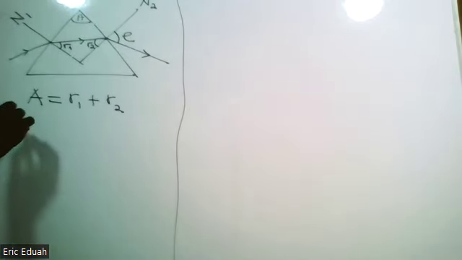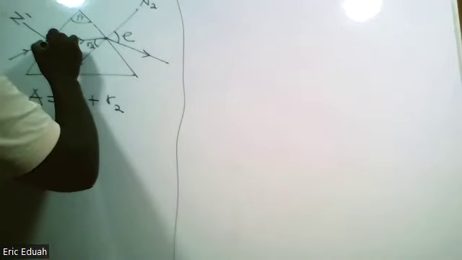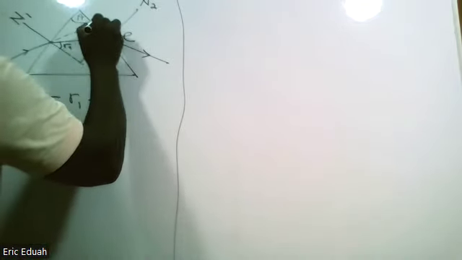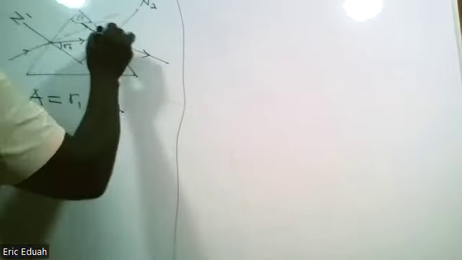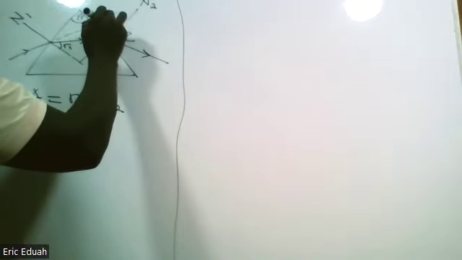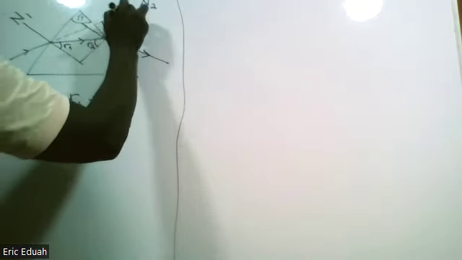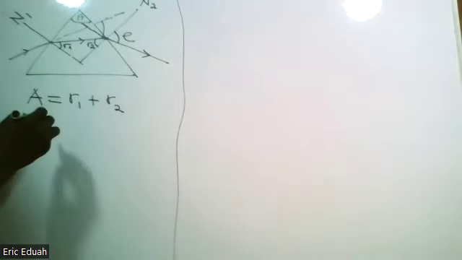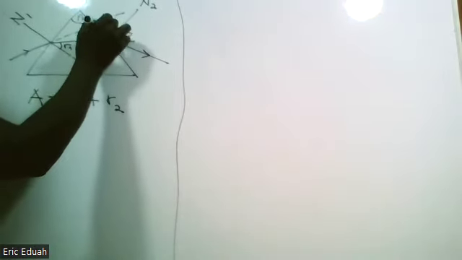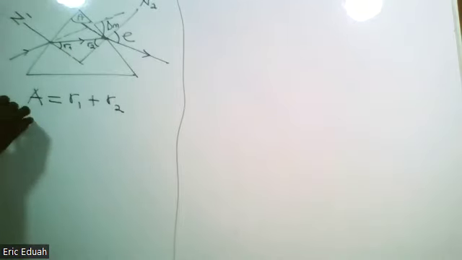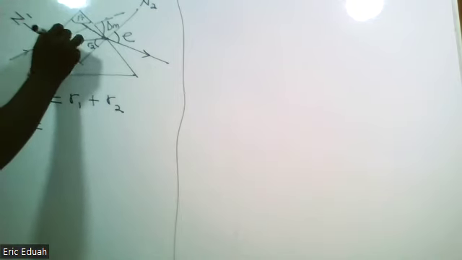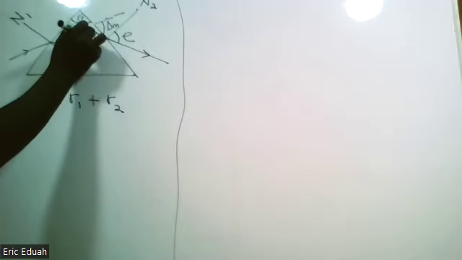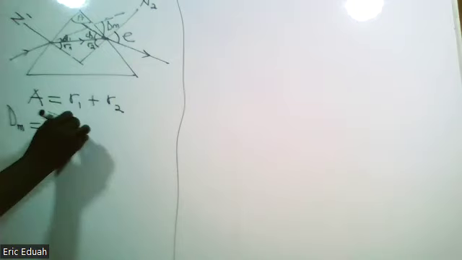Then we also determine the total deviation when we extended these lines, the incident and then the emergent ray, giving us this angle, which we are calling the maximum deviation, D maximum. And we came to the conclusion that D maximum is equal to deviation D1 plus D2.